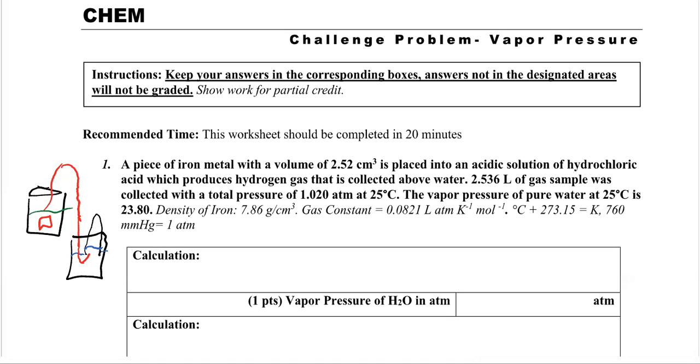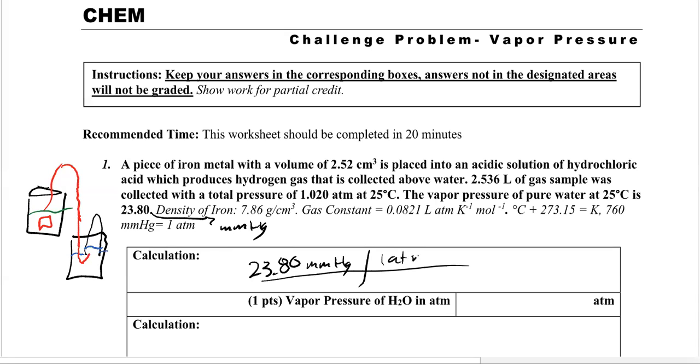Now, we want to find the vapor pressure of the water in ATM. That's because this happens at 25 degrees Celsius, so there's a certain amount of vapor pressure in the air. I guess this one has a typo. It should say mmHg. So we take 23.80 mmHg.